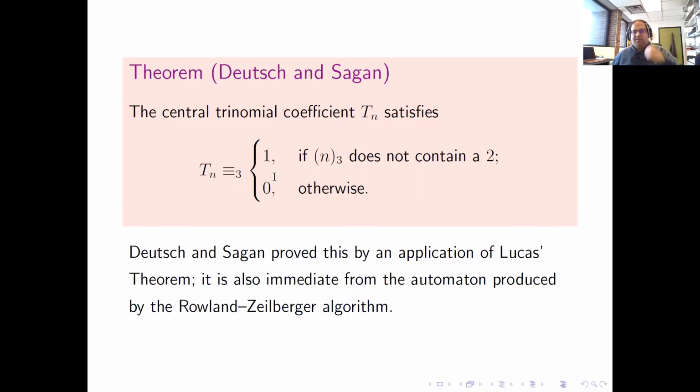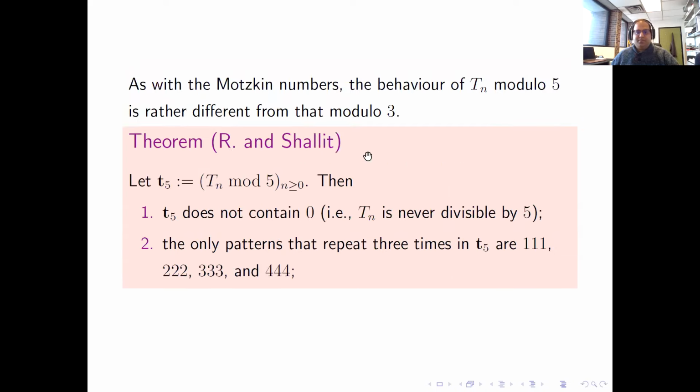They characterized exactly when the central trinomial coefficients are 0 or non-zero mod 3 in terms of the ternary expansion of n. They proved this by an application of Lucas congruence for the binomial coefficients. We can also get this immediately from our automaton for the central trinomial coefficients.